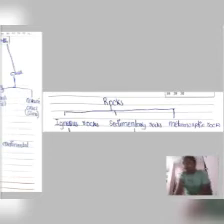Okay, is it okay? So these metamorphic rocks are formed when igneous rocks and sedimentary rocks are kept under high heat and pressure.